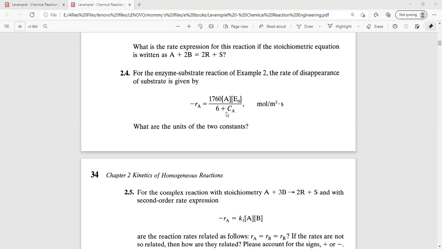Yes, miss. Okay, so take note of that, class. The unit for the 6 is mole per cubic meter and the unit for the 1760 is per second. Okay, I wonder where's the rest of my students. Do you agree, Renzo, with the units that Socrates provided for us, for the 6 and the 1760?